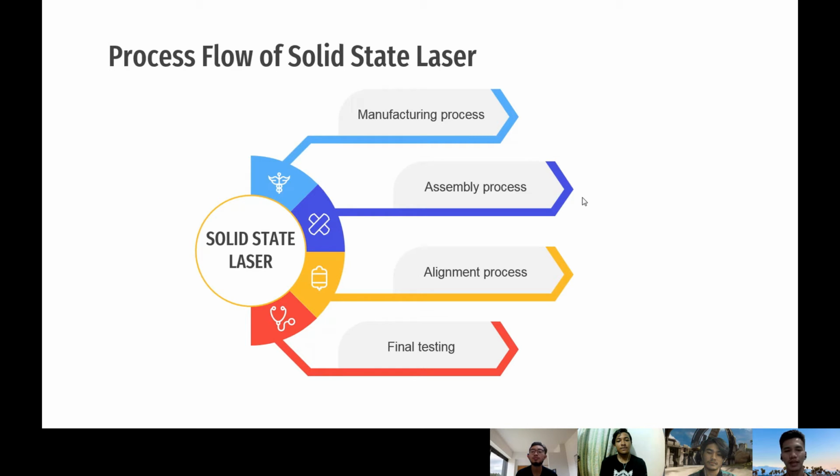This test will run for a number of hours until it passes the specification for the solid state laser to operate at its maximum operation. So there are 4 overall processes involved in the manufacturing of the solid state laser.